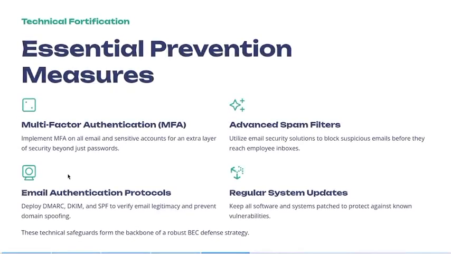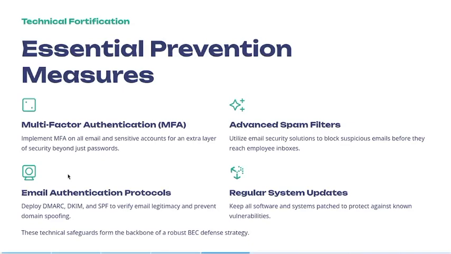Next, essential prevention measures. How can you prevent yourself from a BEC attack? First, we have multi-factor authentication. If you have been following my previous videos, you will not forget that I always talk about multi-factor authentication and two-factor authentication, which are very important aspects of security. So implement MFA on all email and sensitive accounts for an extra layer of security beyond just a password.